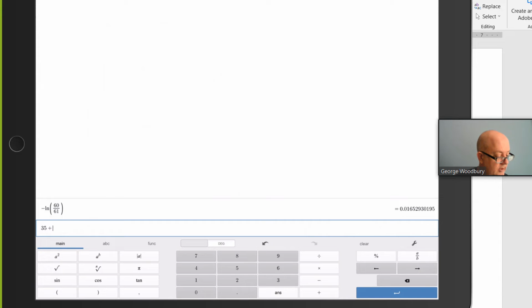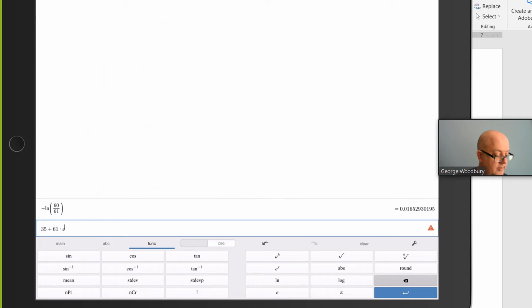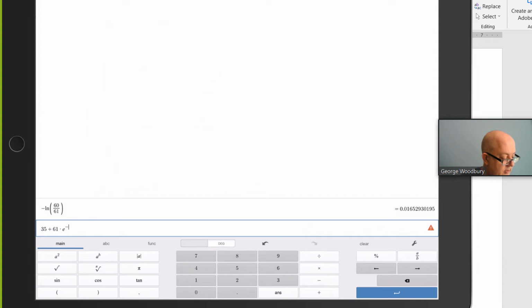35 plus 61 times the function e to the x. Here we're going to type in that negative value of k times 6 power. So negative 0.016529 times.